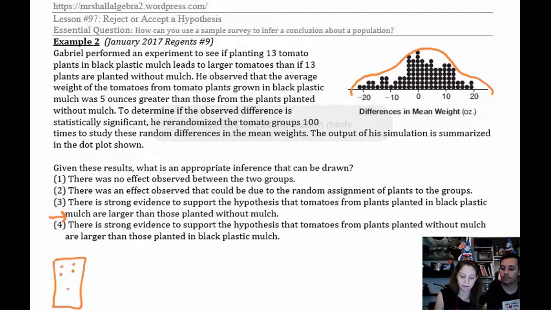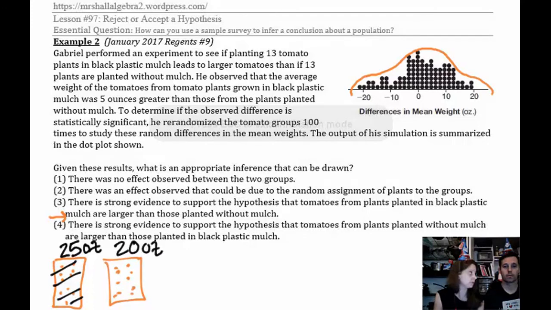Okay, so you have these 13 plants that had the mulch, and you had 13 plants without. Right, so these had the black plastic mulch, and these did not. And these were 5 ounces greater, right? Yep, the mean of those was 5 ounces greater. So let me just give some numbers. The average weight of the plants in the mulch was 25 ounces. The average without was 20 ounces.